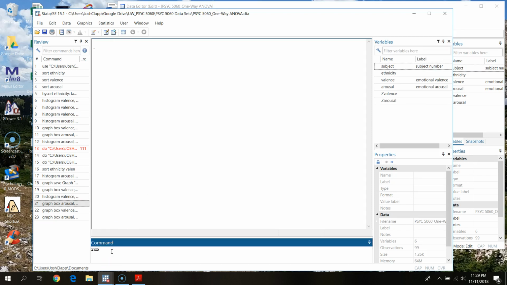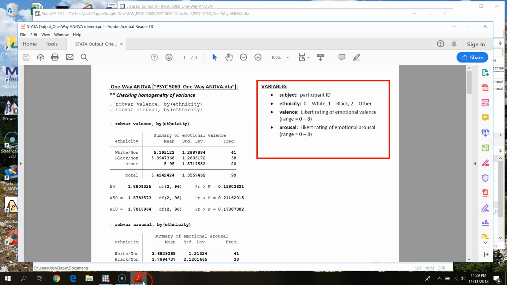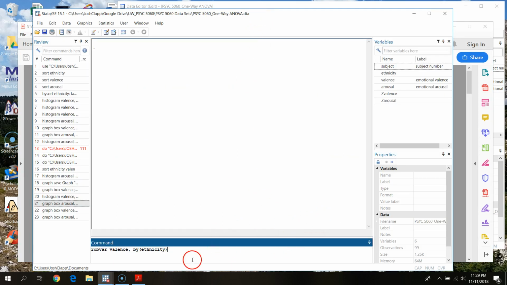If we go robvar, say valence by ethnicity. Okay, and again, we'll see our commands right here provided in our output.